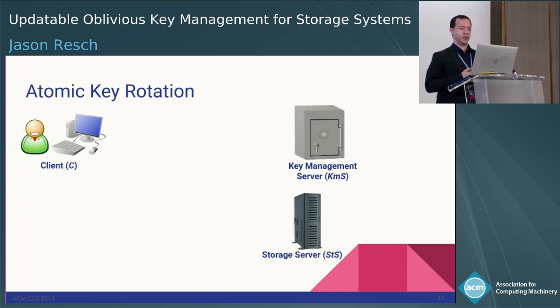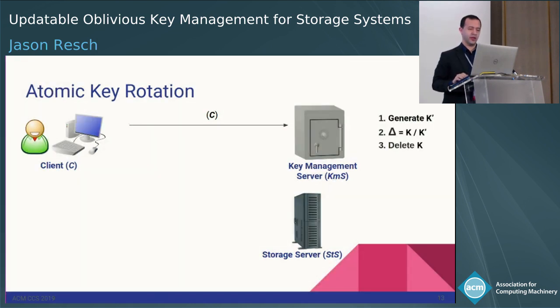This new model enables nearly instantaneous rotation to a new key, thereby restoring security for the client's data. So let's see how this works. The client starts by issuing a rotation request to the KMS. Upon reception and authentication of the request, the KMS performs three functions. First, it generates a new key.